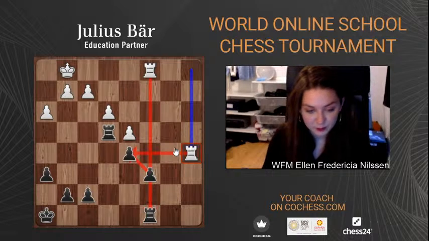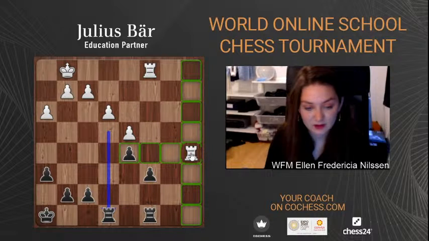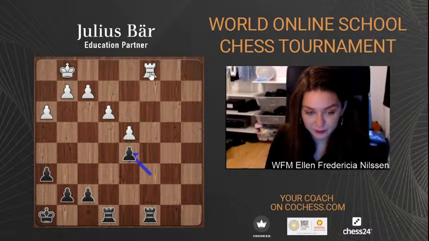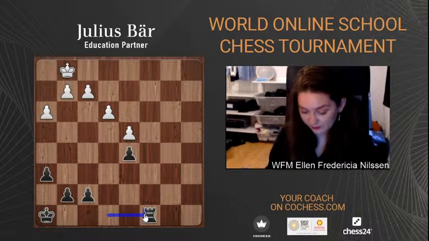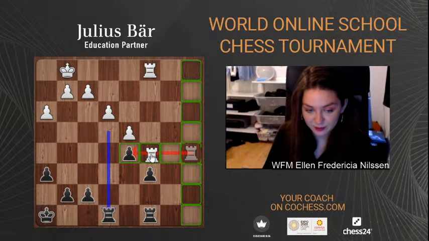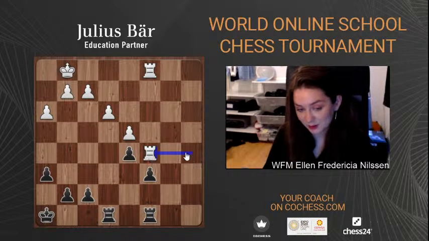The only way for me to defend my pawn on d5 is by protecting my rook on c8. Now if he takes the pawn, I can take back with the pawn and my rook is no longer hanging on c8. But in this position, now he can move his rook to c5.